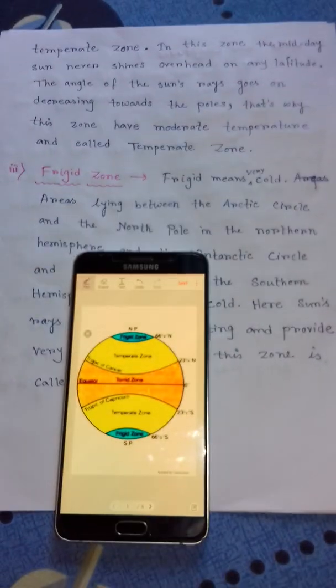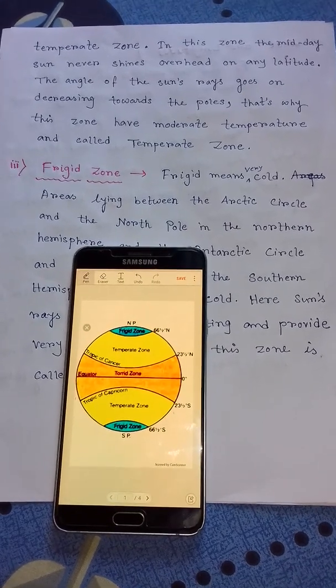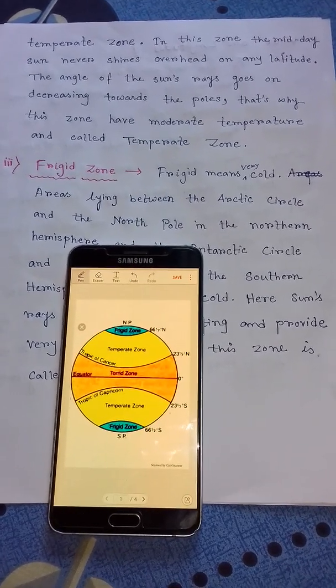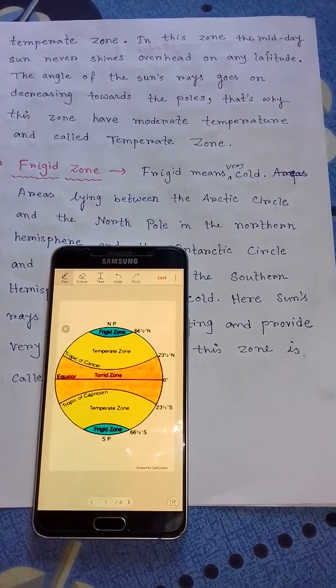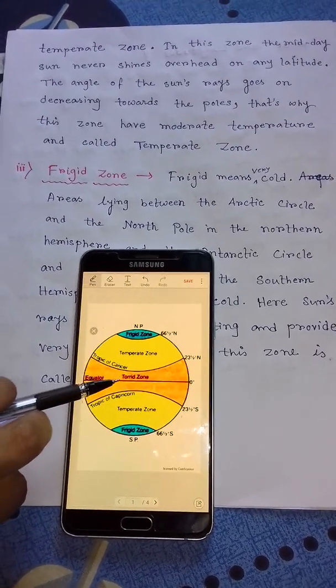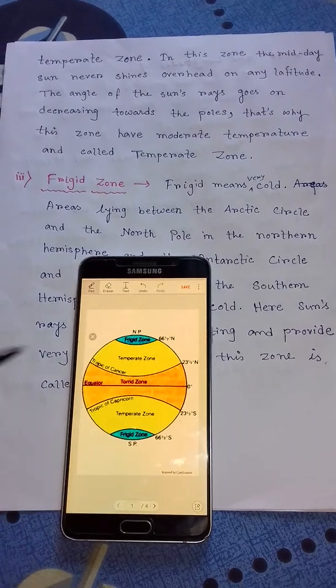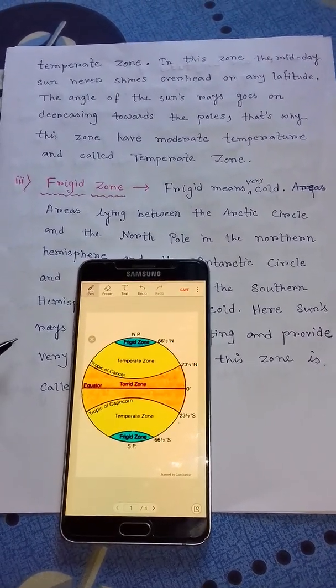In this zone, the midday sun never shines directly overhead on any latitude. That means the sun rays are a little bit slanting in this region compared to the torrid zone. The angles of the sun rays go on decreasing towards the pole.